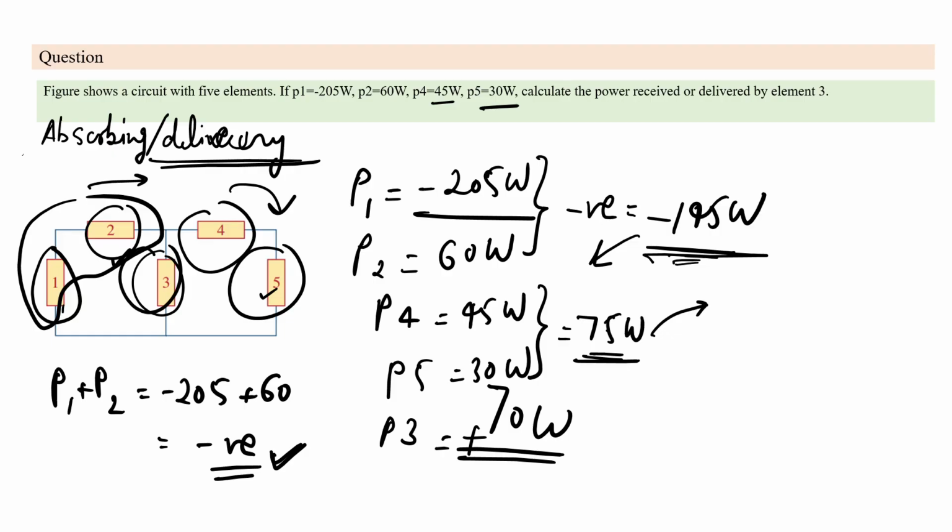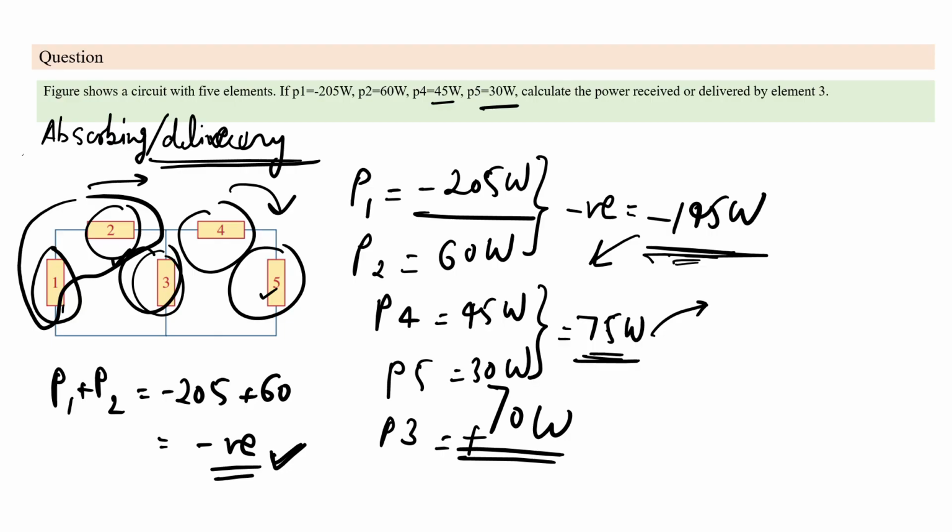So if you see the solution part, there are five elements: first, second, third, fourth, fifth. The power which is absorbed or delivered is given as P1 and P2, and also P4 and P5.